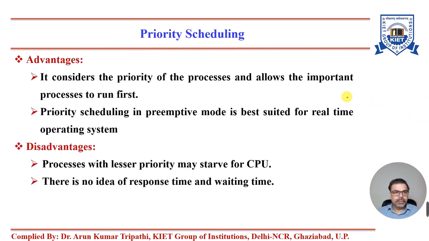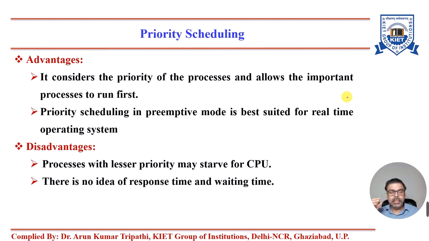Now, the advantage. It considers the priority of processes and allows the important processes to run first. Priority scheduling is preemptive in mode. Preemptive mode is best suited for real-time applications, where the higher priority process must execute first, while we can delay the lower priority process.